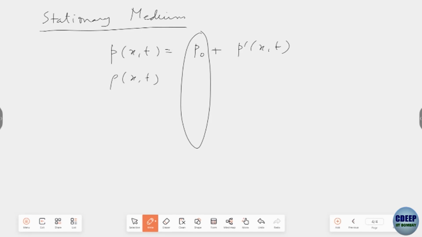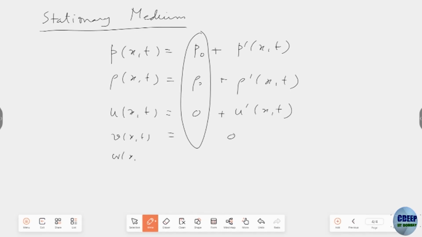Rho will be equal to rho naught plus rho prime, u(x,t) will be equal to 0 plus u prime (x,t), v(x,t) will be 0, w(x,t) will be 0. Again, I invite you to think through what will happen if you do not have these as 0.